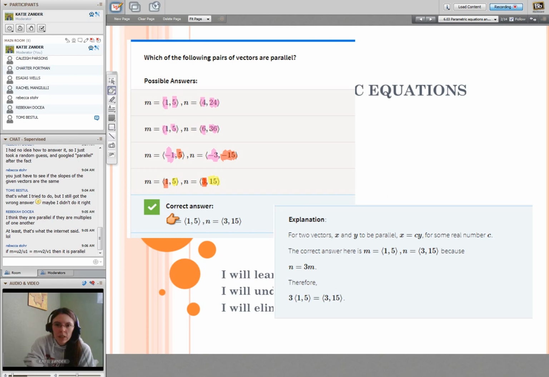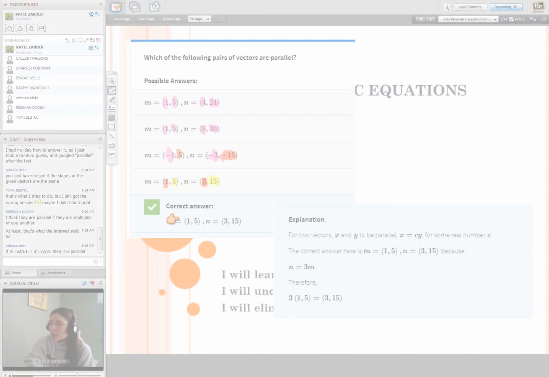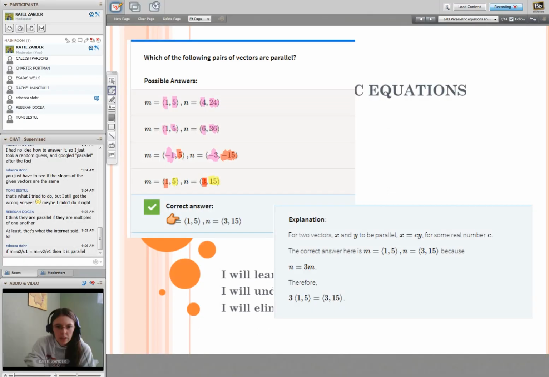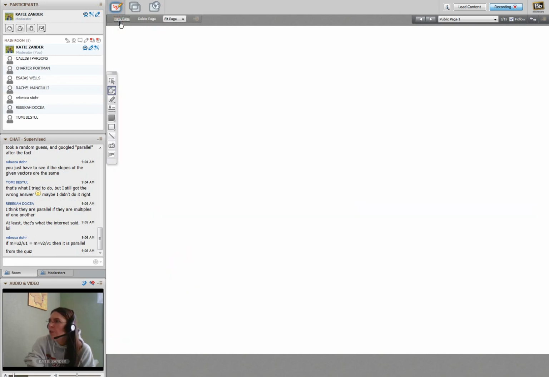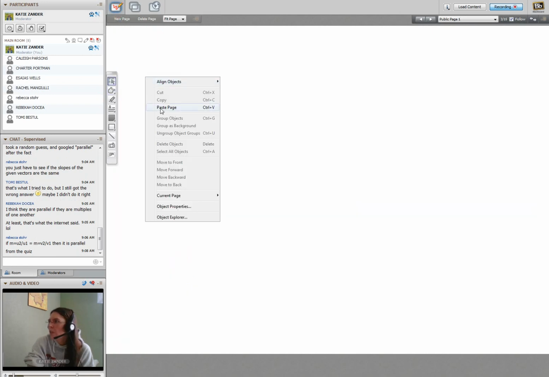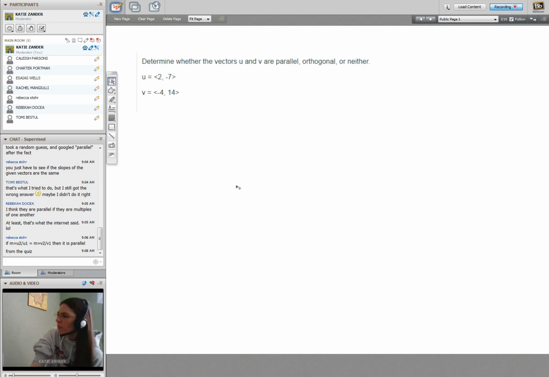So when we take a look at the last question from the homework, let me bring that up because I think that's the one that actually turned out to be parallel. So the first thing I would do, if you had this question on a quiz or homework, is check for the parallel first, because that is just setting up and looking for your scale factors.